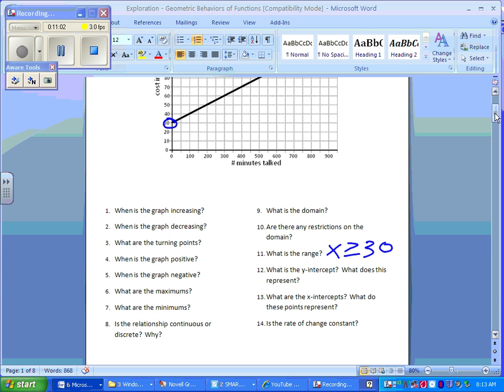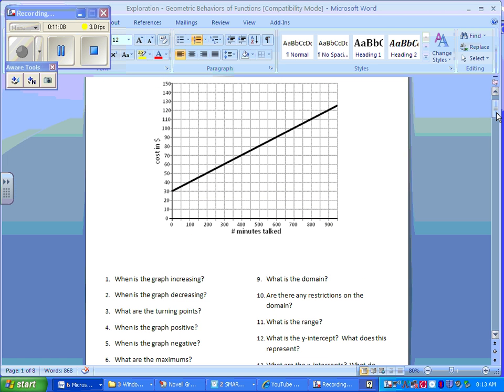Number 12. What is the y-intercept? Where does this line cross the y-axis? This is a linear function. This is the graph. It goes like this, and it goes like this. This is your x, and this is your y. Jeremy, where does that cross the y-axis?